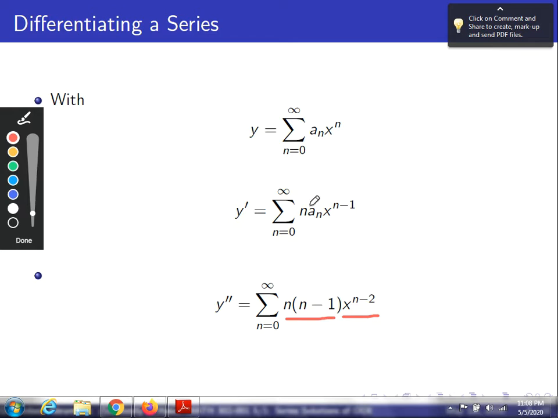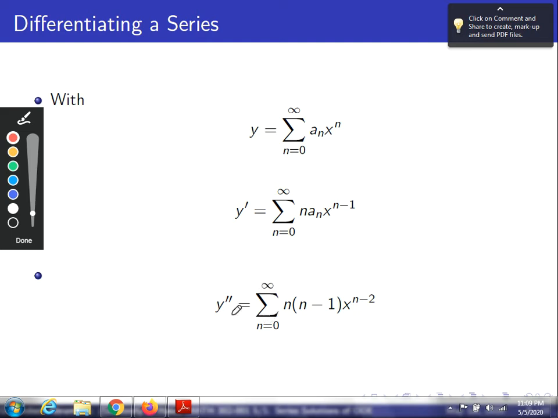Now notice here, it's useful to write this from n equal to 0 to infinity. And notice when n is 0, this term is n times a sub n, 0 times a0, which is just 0. So we do start when n is equal to 1. That means all the terms here are going to be coefficients of x to the 0 or above. You're not going to have any terms that are 1 over x.